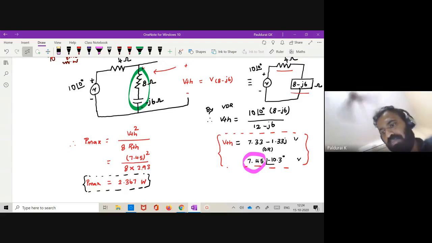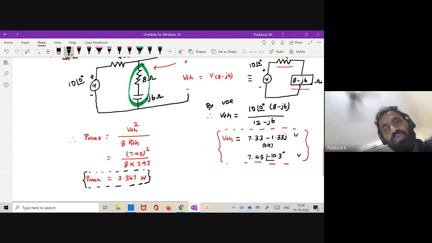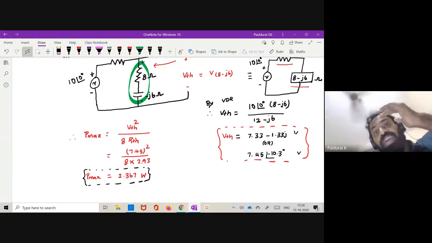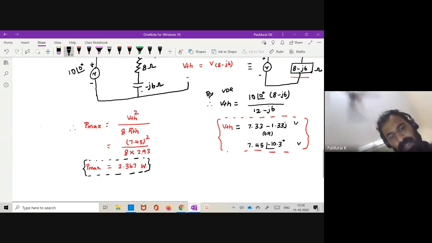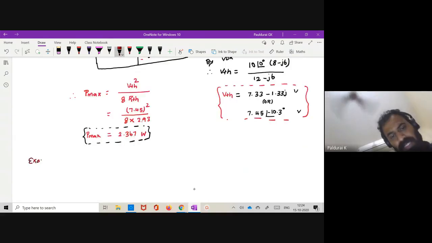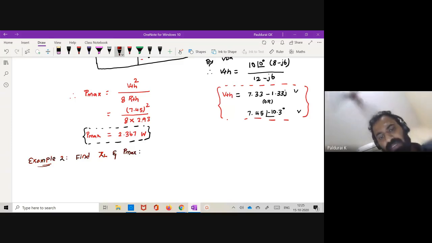The problem is the same, but this time a different circuit. So here also find ZL for maximum power dissipation and P max.